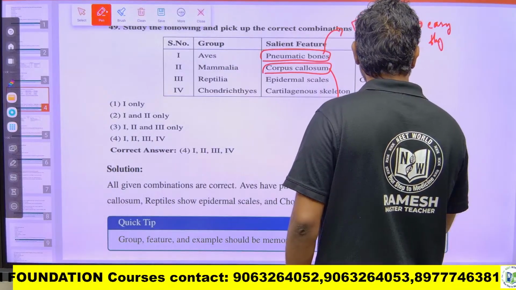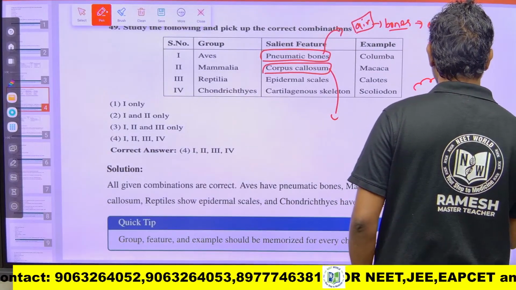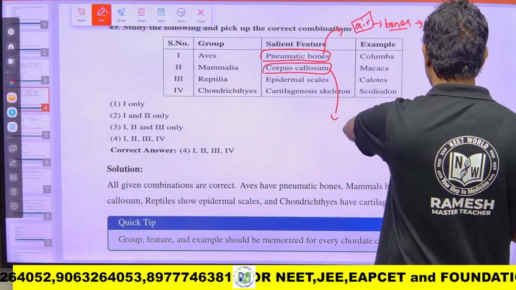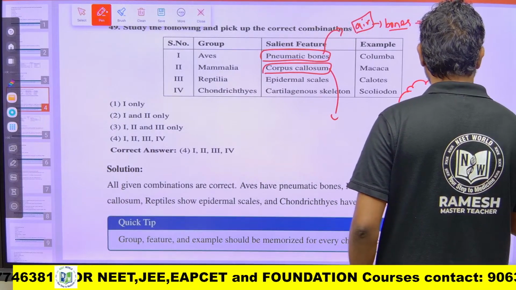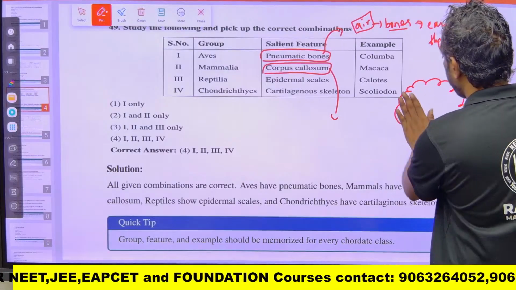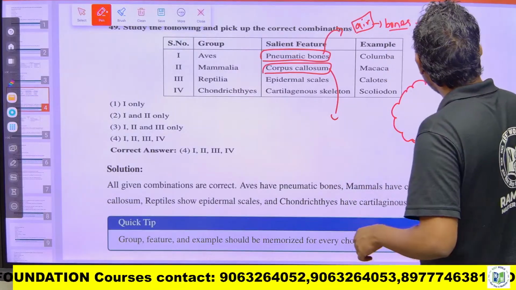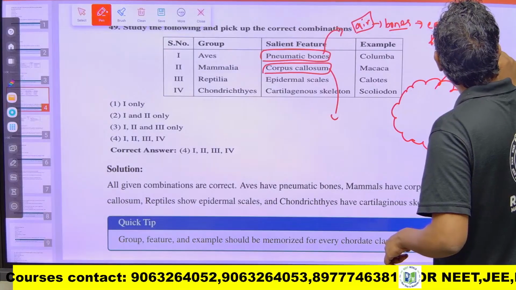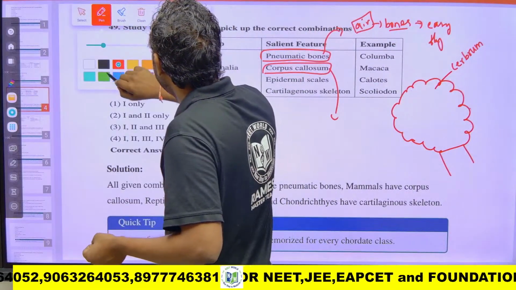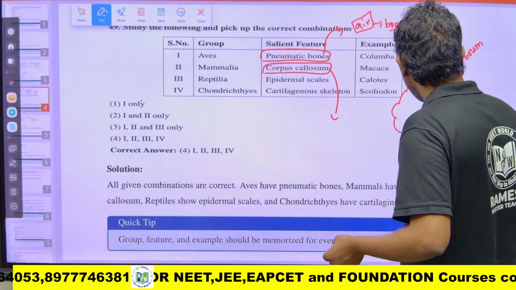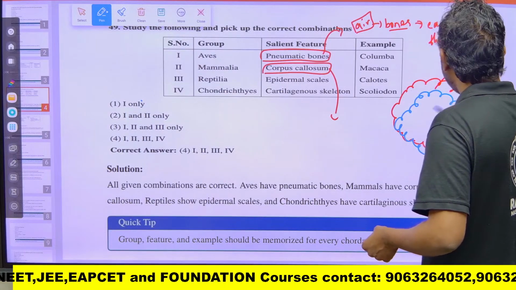This is the cerebrum, the part of the forebrain. There are two lobes in the cerebrum. This is the right cerebrum, this is the left cerebrum.